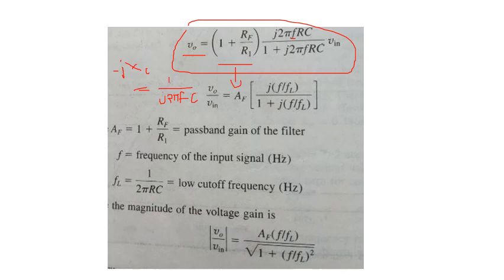So here AF, 1 plus RF by R1, is nothing but the passband gain of the filter. F is the input frequency here. FL is the low cutoff frequency, which is 1 upon 2 pi RC. We already know that. So the gain magnitude equation now becomes AF into F by FL divided by square root of 1 plus F by FL the whole square.